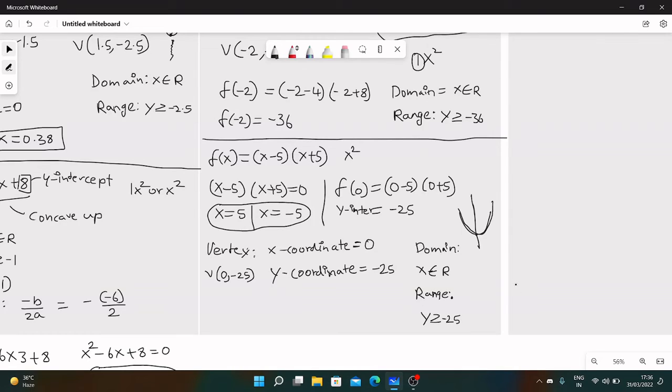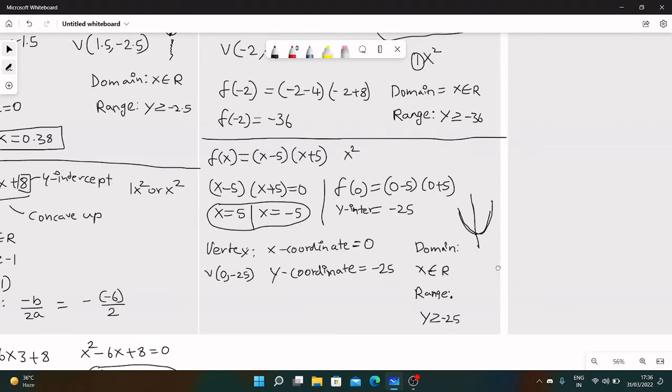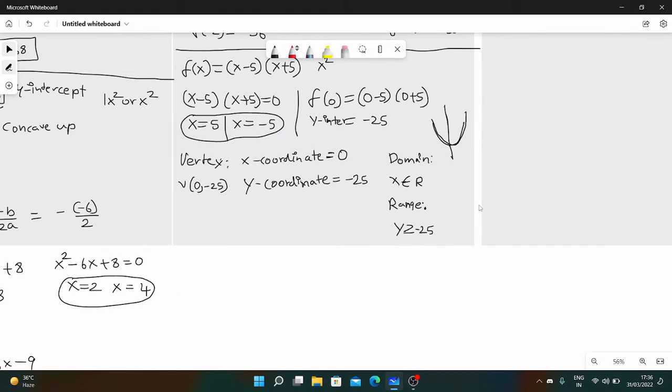We just explored two of the methods. Now I'll give you two questions that you can practice on your own, and the solutions for these will be in the description again. For your practice, you have f of x equals x minus 1 times x minus 5.